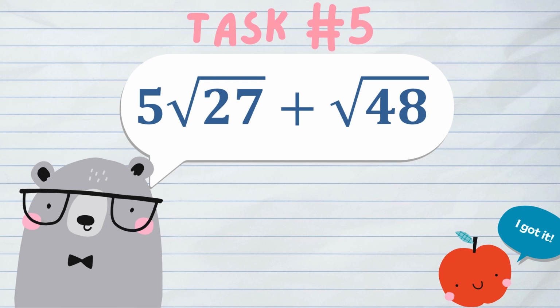So now in here I would start with 5 square root of 27, which is equal to 5 square root of 9 times square root of 3. And we all know square root of 9 is 3. So 5 times 3 square root of 3, and therefore we're gonna have 15 square root of 3.